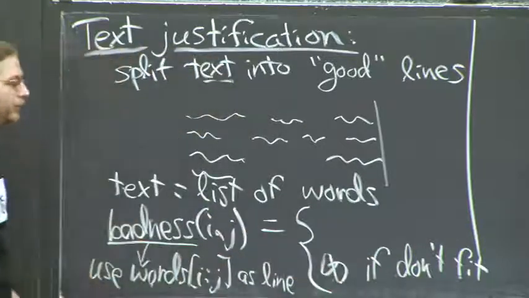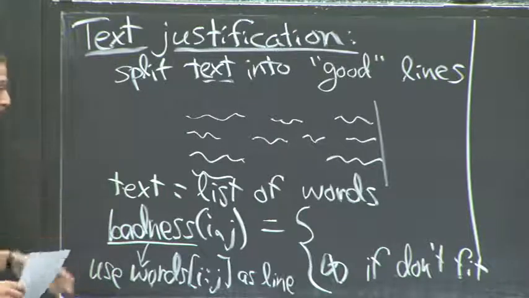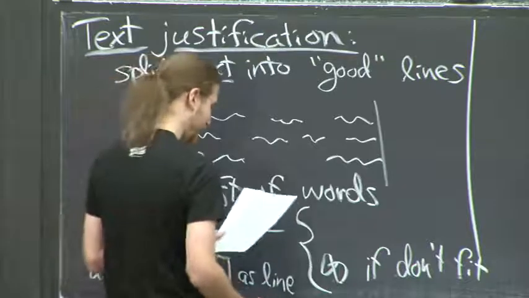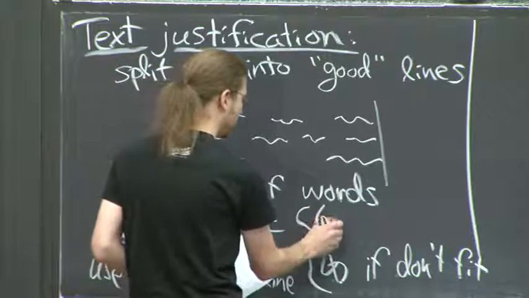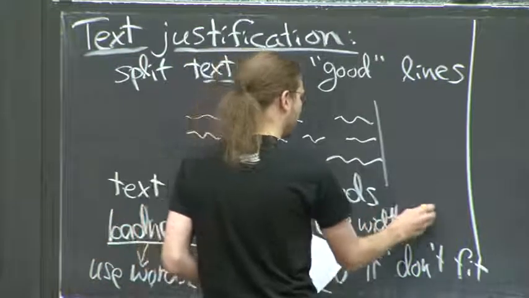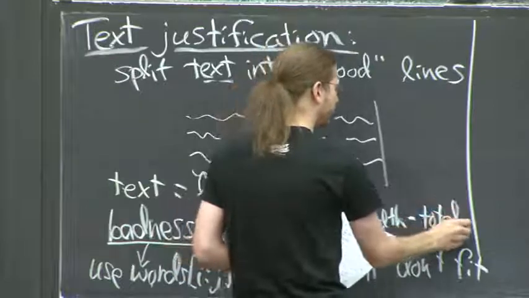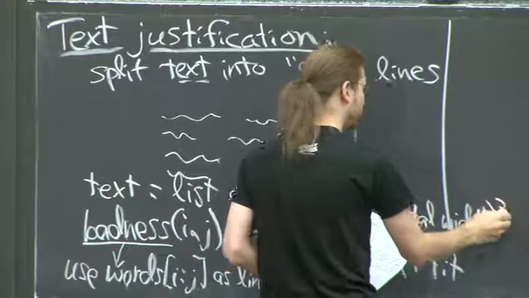And then I define badness to be infinity, meaning I never want to do that. This is actually LaTeX sloppy mode, if you want to be technical. Otherwise, it's going to be page width minus total width, cubed.